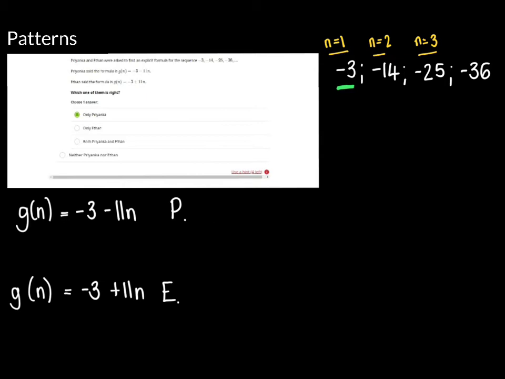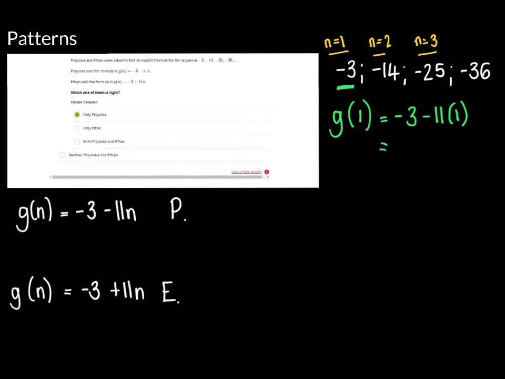We're going to start with Priyanka's one. So I'm going to start G, open brackets, and then I see an n, so I'm going to replace n with 1. That is going to equal -3 minus 11n, which means this is going to be 11 multiplied by 1, and we close that. Now let's calculate how much that's going to give us.